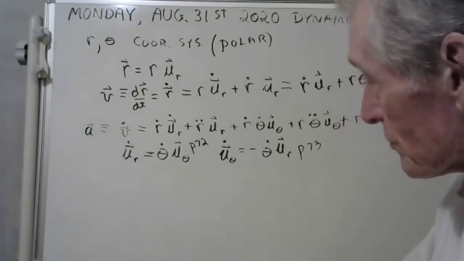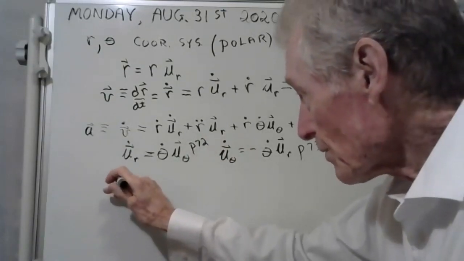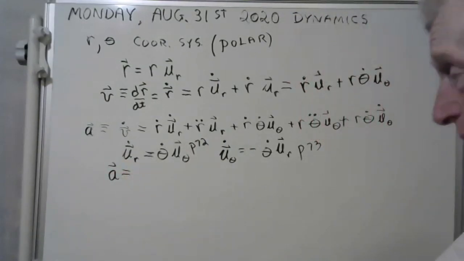And then you do some algebra, you substitute those in, and here's the bottom line. Let's just give you the bottom line. You can do the algebra. You don't need me to do everything.